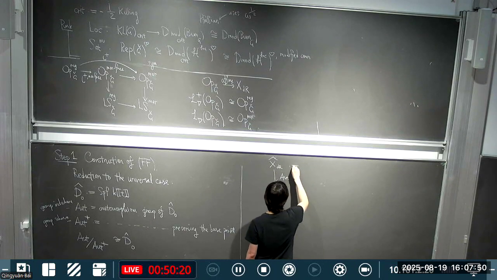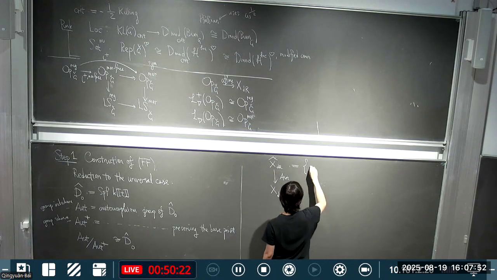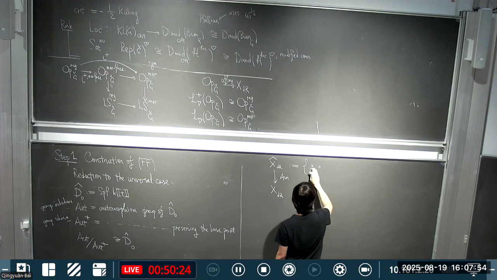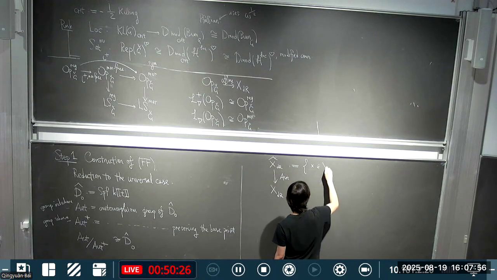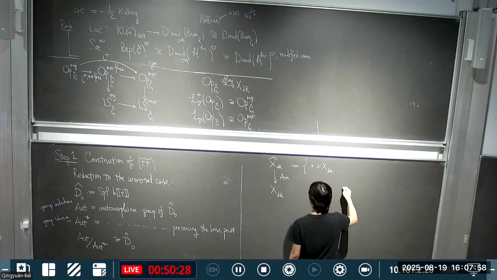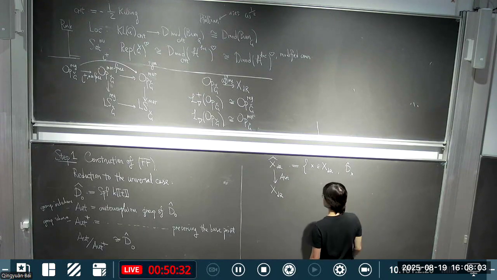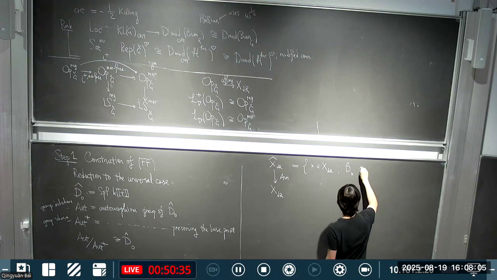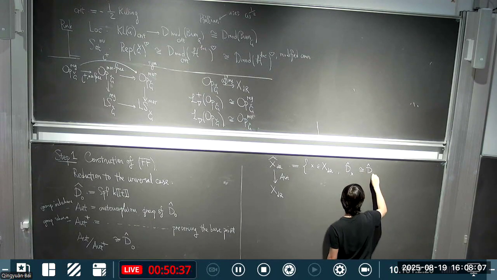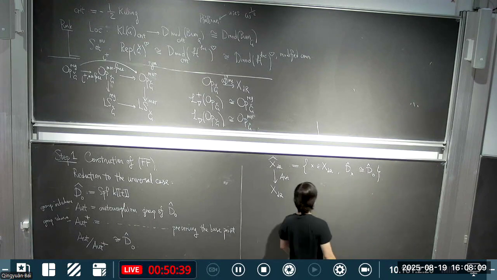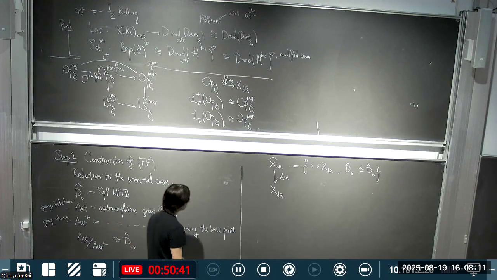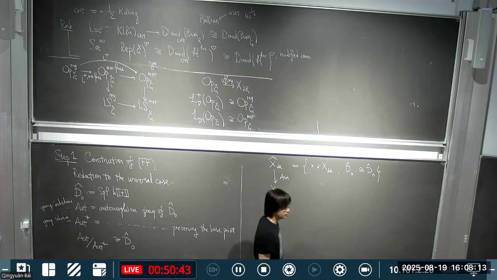So this guy is by definition a point of X to ROM, together with an isomorphism of the scheme of formal disk at this point with the standard formal disk. So of course, this guy is acted on by Aut by changing this isomorphism.